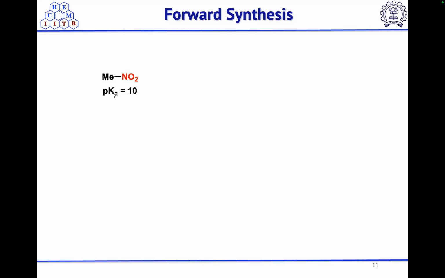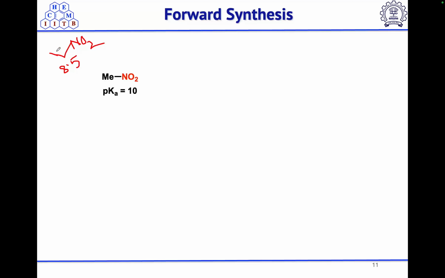Okay, so the pK value for nitromethane is around 10. If it is nitroethane, the pK value is 8.5. So you can see the decrease of pK value for nitroethane.